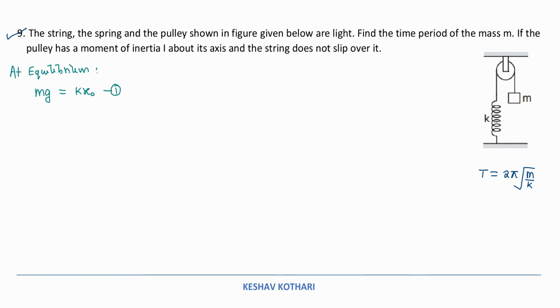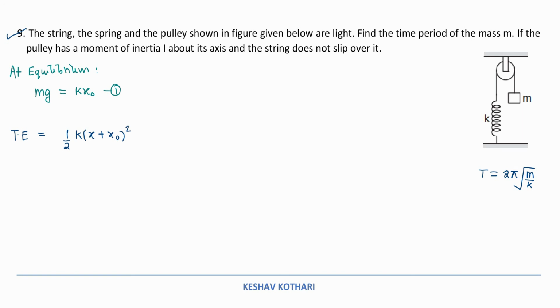Now, if the system is displaced from the equilibrium position, that is, if I lower the mass a little distance x further from its equilibrium position, then let us write the total energy. The spring potential energy will become half k into x plus x naught, whole square.